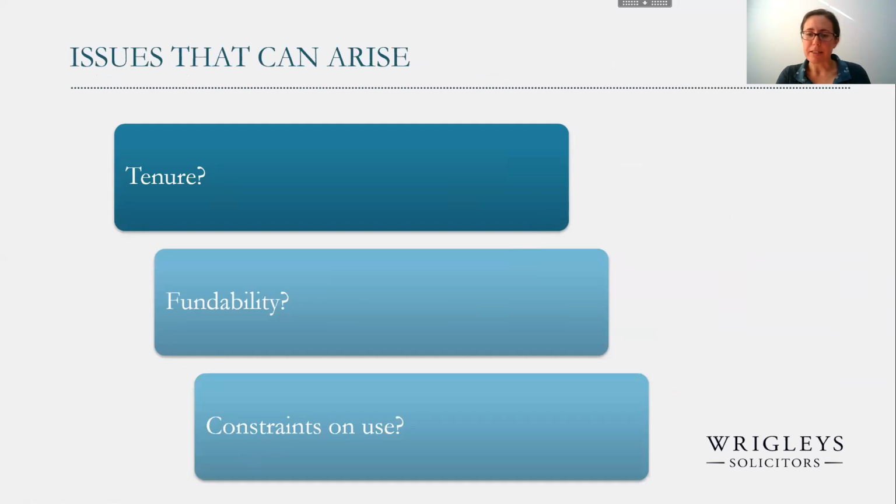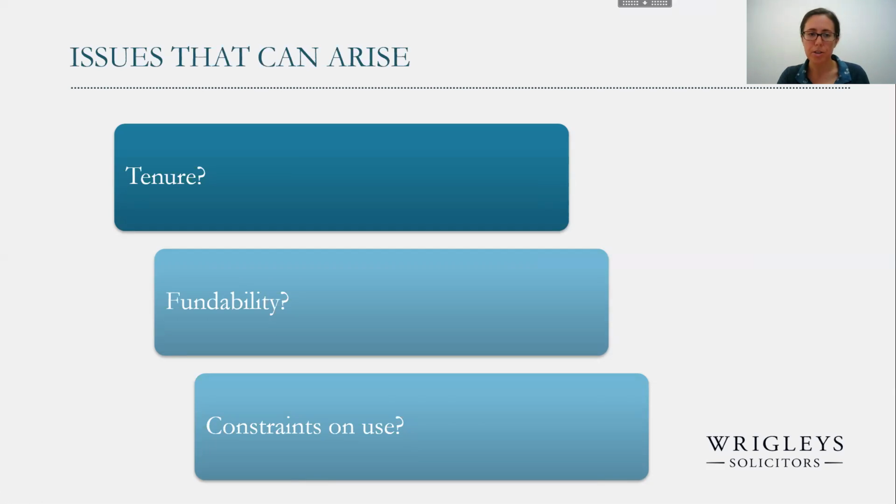We've touched already on how these are typically done by way of lease. That needs to be thought about quite carefully: the issue of tenure, so whether you're getting something freehold or leasehold. If you're planning a long-term housing project, a lease, particularly a lease for 99 years, might not quite be what you need. You might need something longer term or more secure.